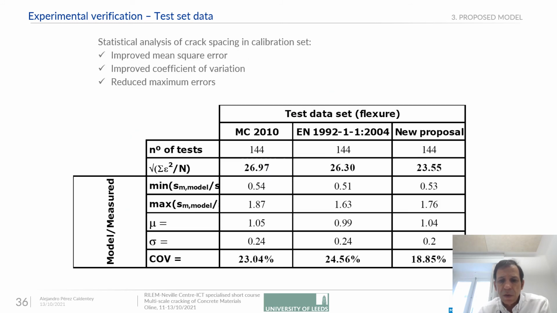And these are the statistics. So you can see that the mean square error goes from 27 or 26 to 23.5, and the coefficient of variation goes from 23 or 24 to 18.9 for the independent set of tests. These tests only include flexural tests, so we do not have the comparison for tension.